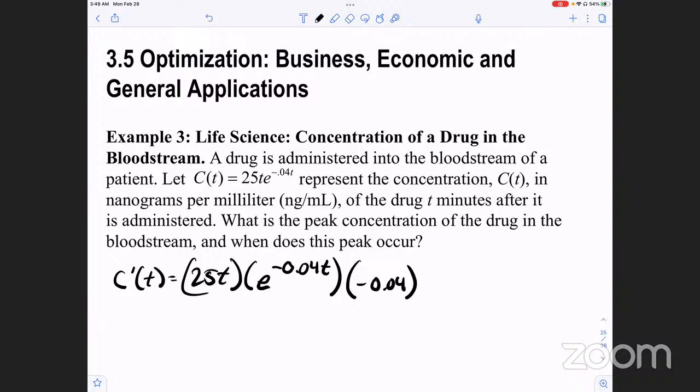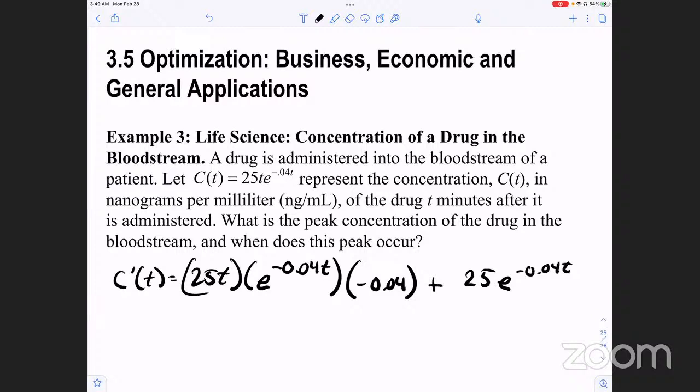So that's the first times the derivative of the second, plus the second times the derivative of the first. The derivative of the first is just 25, and it's a repeat. Everything is repeated except for the t. So 25 e to the negative 0.04 t.